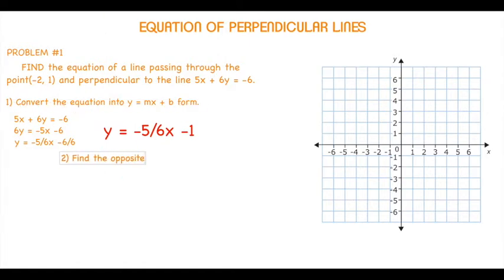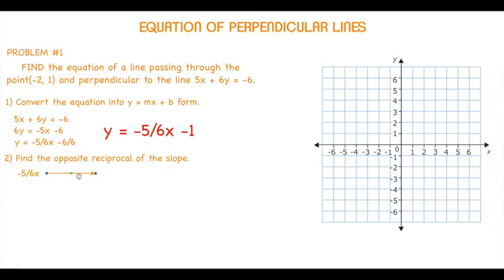So, step 2. Find the opposite reciprocal of the slope. So you should know what the opposite reciprocal is from the lesson that we learned a few minutes ago. In order to find the opposite reciprocal, you need to find the slope first, and the slope of this particular equation is -5 over 6x.